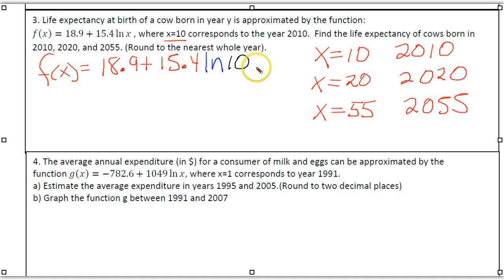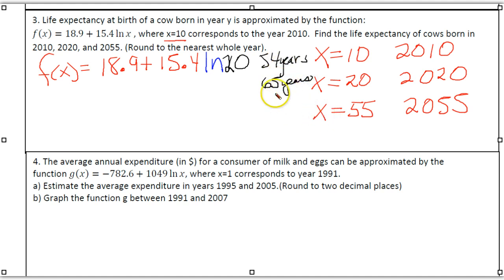Hit enter, and it comes up to about, for this first one, 54 years. Now, when you put it in there for 20, change that 10 to a 20. I can just do it like this. Put that into your calculator, comes out to about 65 years. I never knew cows lived that long.